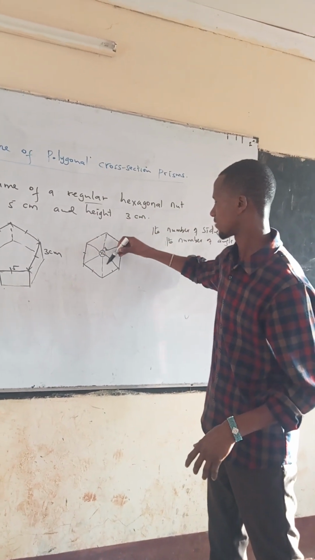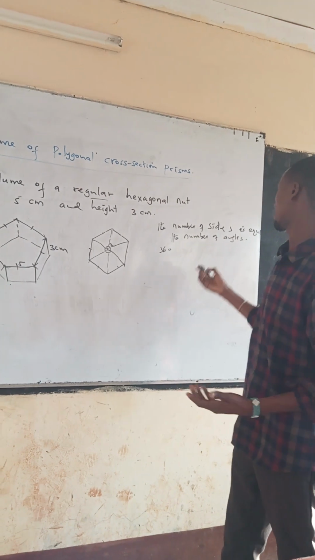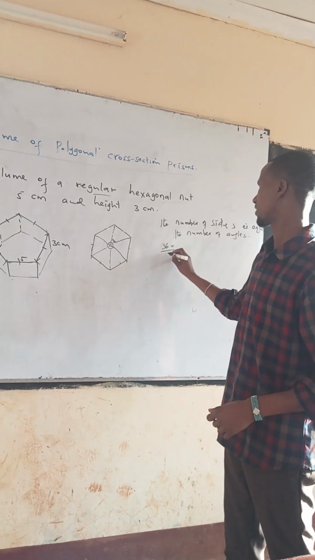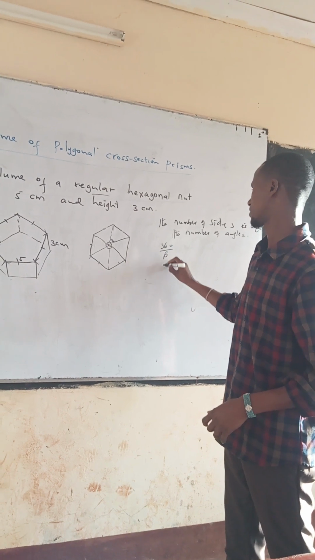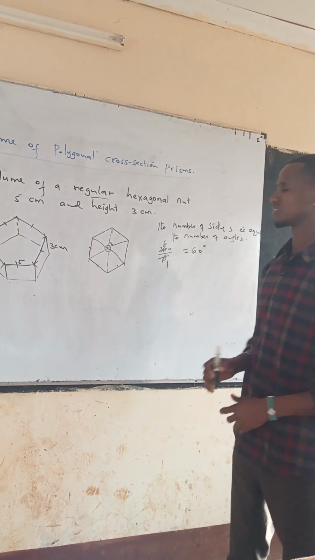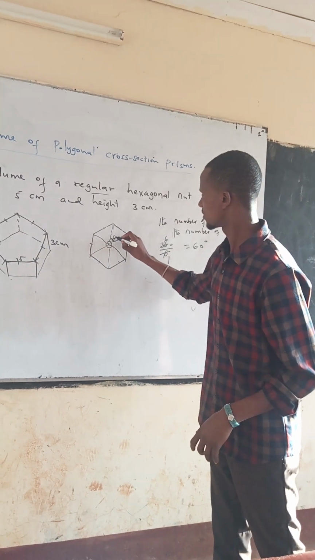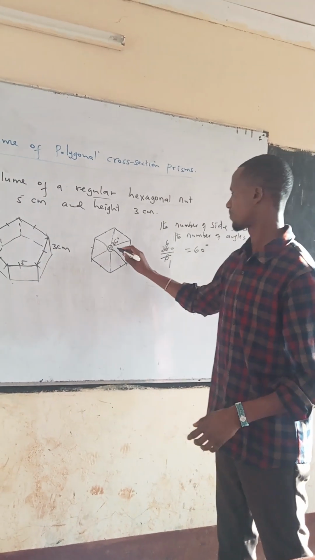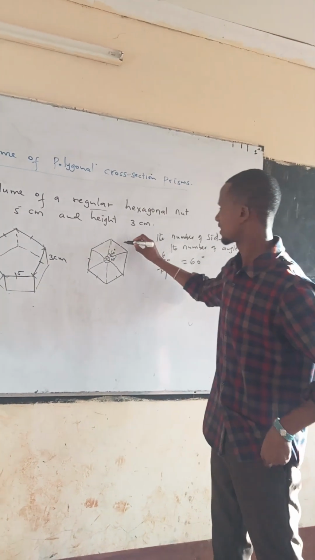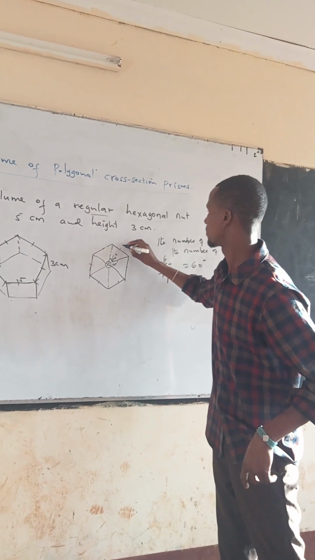1, 2, 3, 4, 5, 6, which is the same as the number of triangles. So we'll say 360 divided by this 6, which is equal to 60 degrees. So this angle here is 60 degrees. The same case applies to this. It is 60 degrees and so on. And this side was how many centimeters?